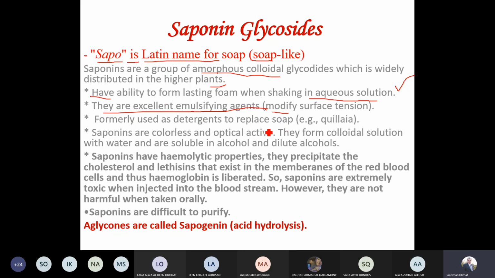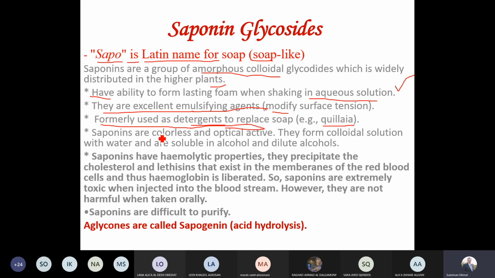This is due to their surface tension and their emulsifying activity. And formerly, before the invention of soap and the new detergents, they used a plant called Quillaja. Quillaja is one of the most important plants containing saponins and saponin glycosides.